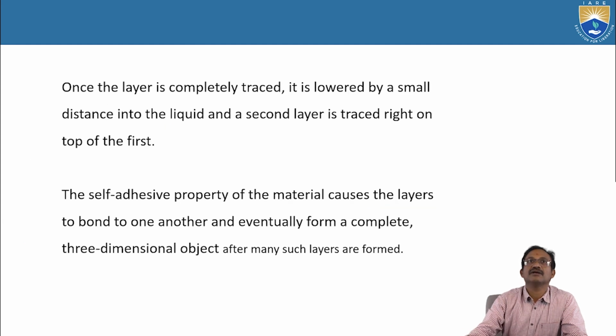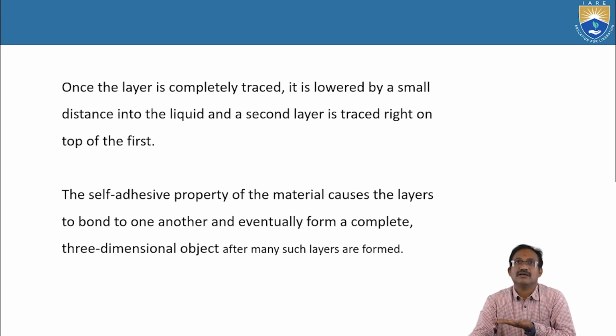Once the layer is completely traced, it is lowered by a small distance into the liquid and a second layer is traced right on top of the first. The liquid layer will be on top and it will be solidified, so the table will move down a little so that another layer of liquid comes onto this surface. Again that layer will solidify, the table will move down, another layer will come.